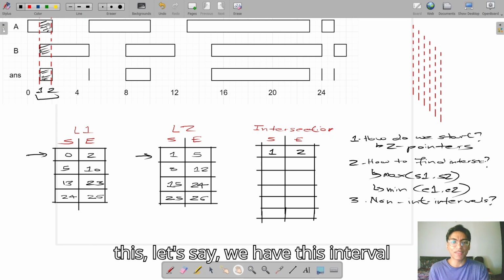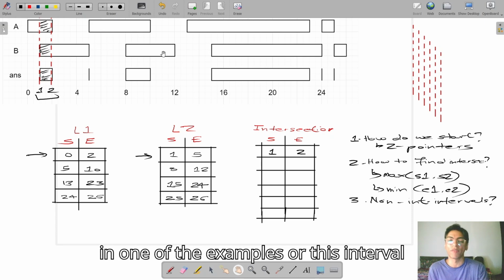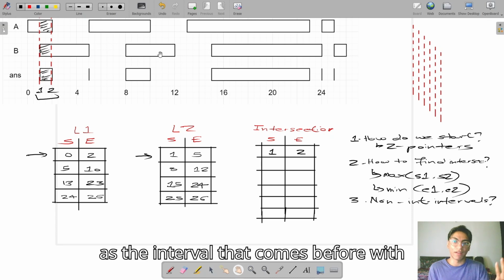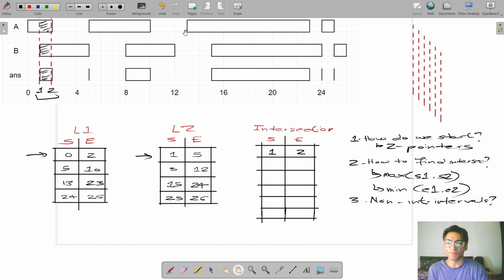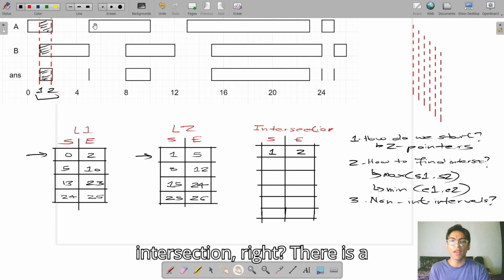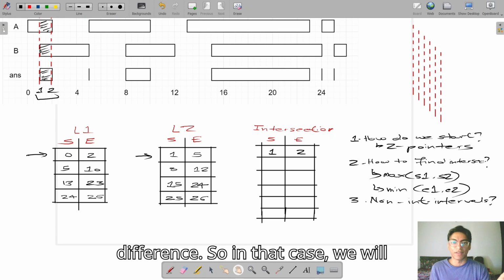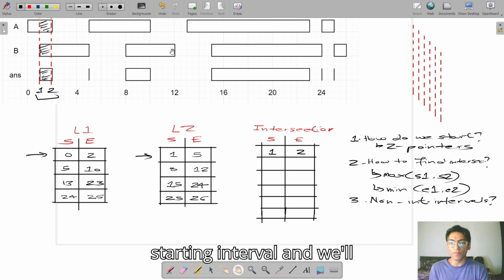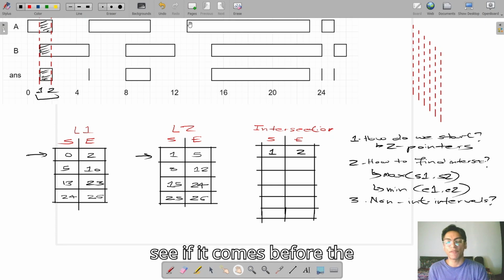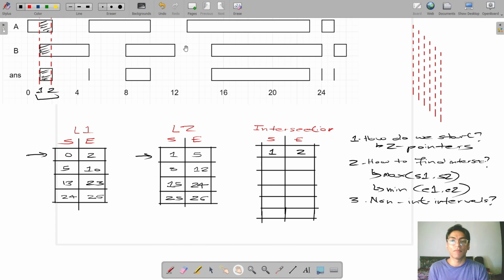Let's say we have this interval being tested with this interval over here in one of the examples, or this interval as the interval that comes before with the interval that comes after in list A. In both cases, we see that there is no intersection, right? So in that case, we will simply check the endpoint of the starting interval, and see if it comes before the start point of the other interval.